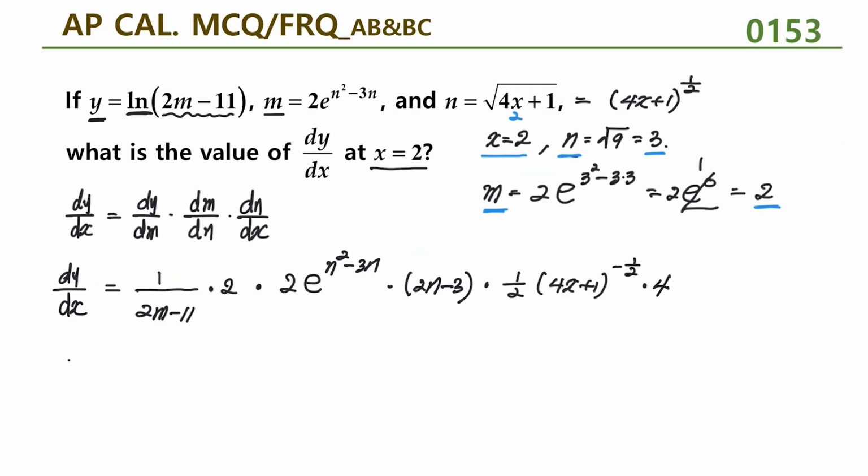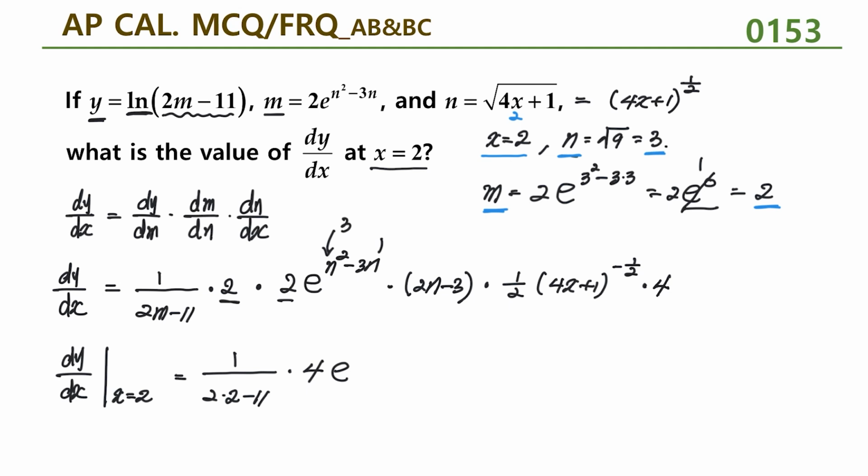So we're going to find the derivative of y with respect to x when x is equal to 2. That's going to be equal to 1 over 2 times m, which is 2, minus 11, times, here 2 times 2, that's 4, right? So let's write 4, e to the, here when x is 2, n is 3, right?